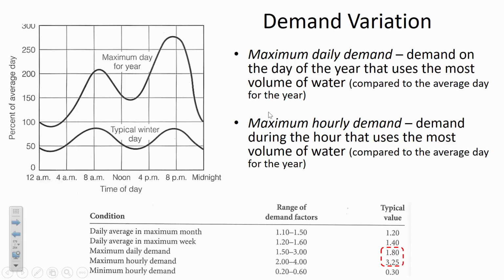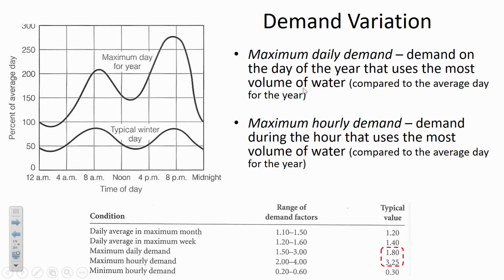You're going to calculate the average consumption of water inside of your network, and then you can scale it up with a 1.8 times multiplier to find the maximum daily demand compared to the average day, and the maximum hourly demand would be 3.25 times as much.